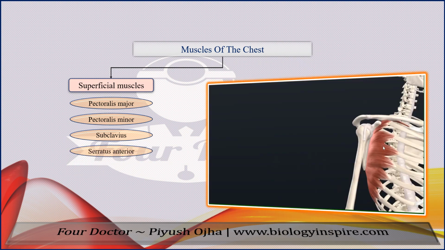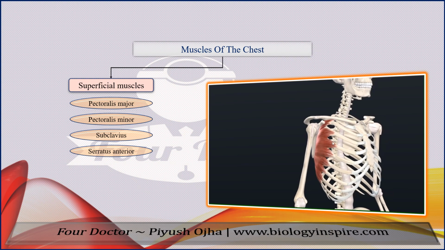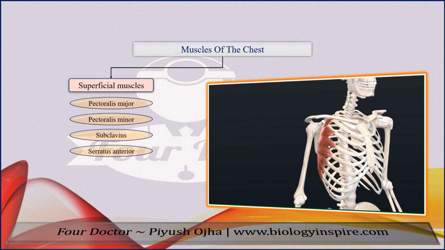And the last muscle of the pectoral region is the serratus anterior muscle. The serratus anterior muscle is this fan-shaped muscle of the pectoral region, and this muscle is located at the lateral aspect of the thoracic wall.